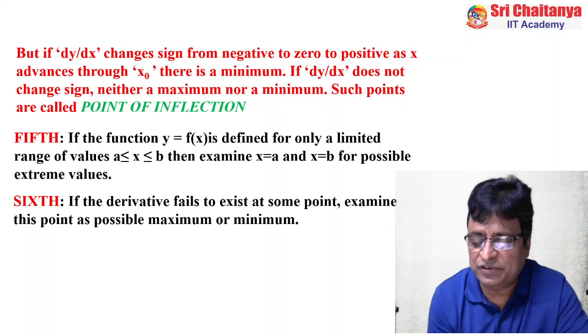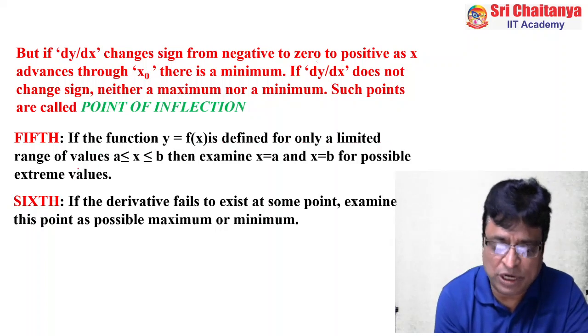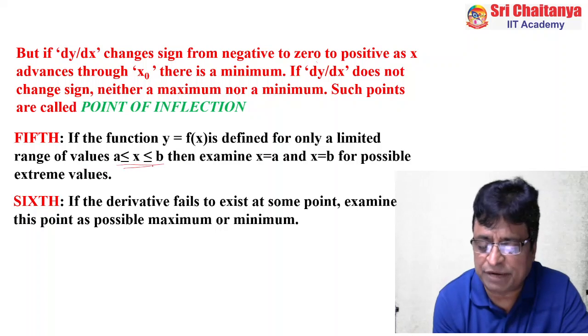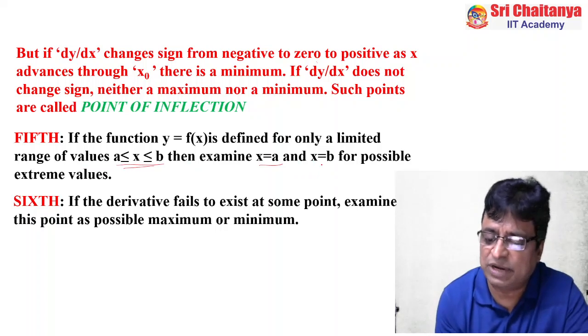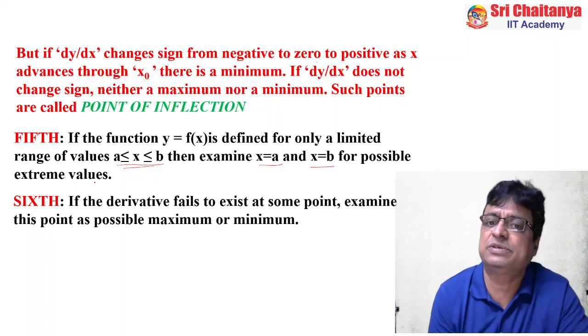Suppose the function y is equal to f of x is defined only for a limited range of values, in a closed interval a b. Then examine x is equal to a and x is equal to b for possible extreme values.